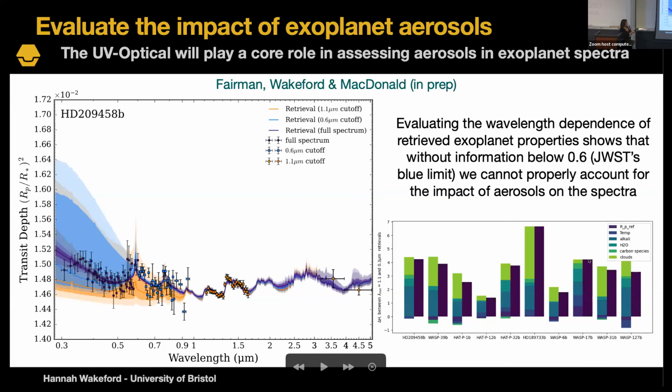And we've been looking at evaluating that wavelength dependence and understanding the role that these optical observations are going to be playing in trying to really interpret what we're seeing in the infrared with JWST. Wavelengths below 0.6 microns are really, really key for us understanding the clouds and the stellar contamination in our spectra.